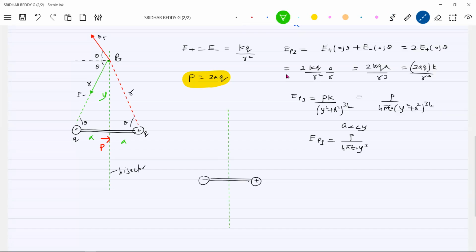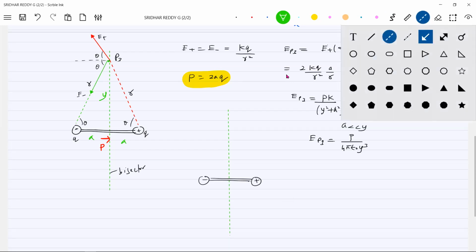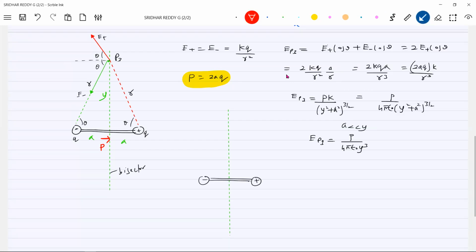This is a bisector. At all points, how will the net electric field strength be directed? The P bar will be like this. At all points, how should it be directed? And we know the magnitude. Now, what are these lengths of arrows?